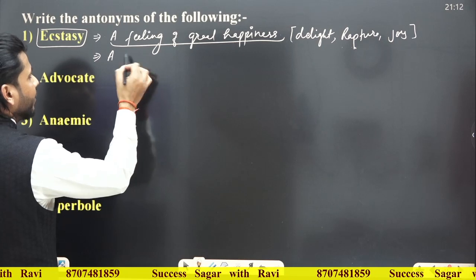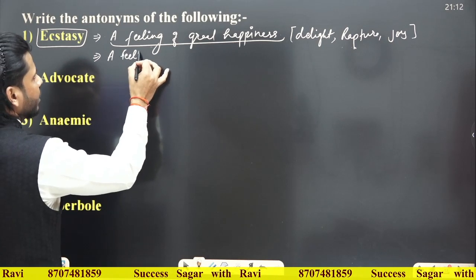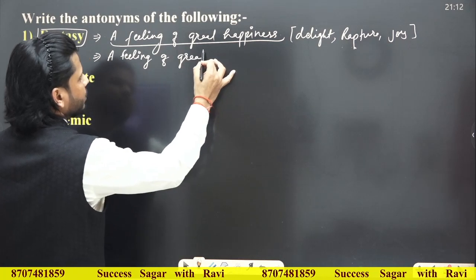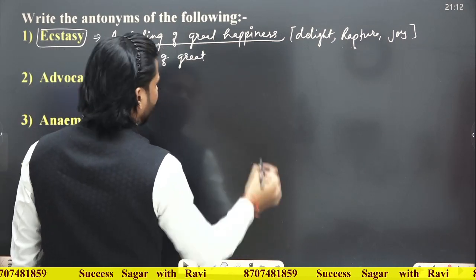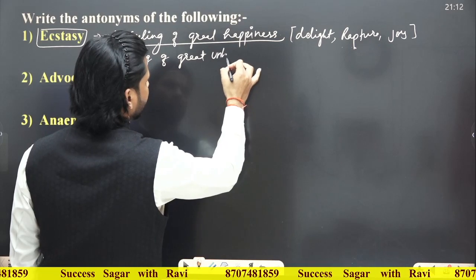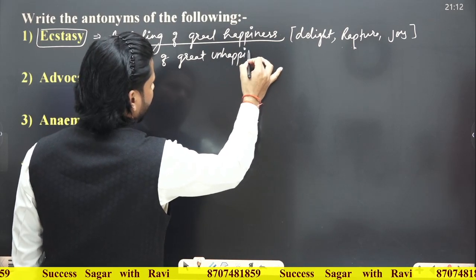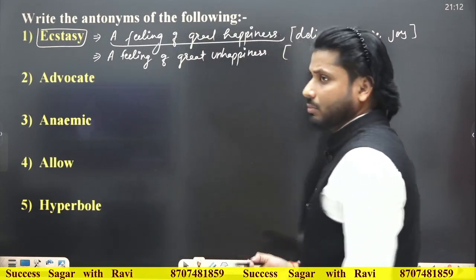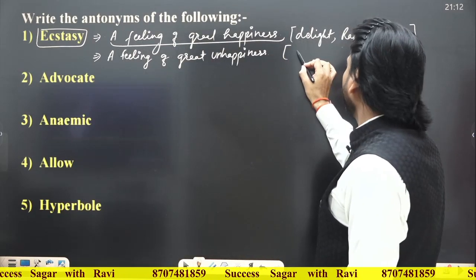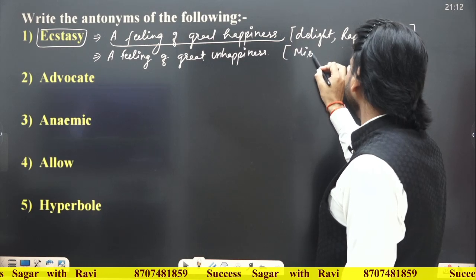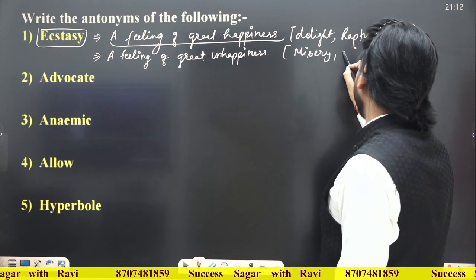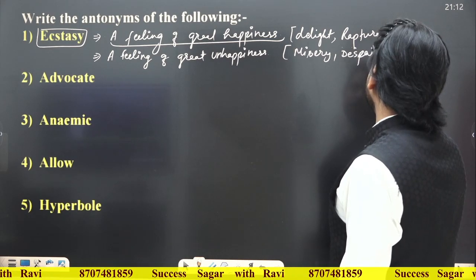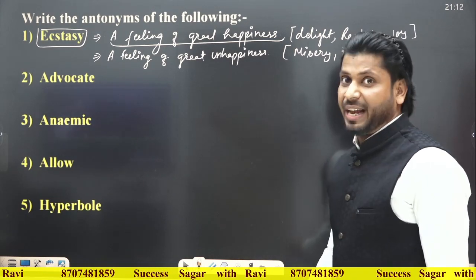A feeling of great unhappiness, right? It means the possible words, nearest meaning, misery, despair. So this is the answer to this question, despair. It means great unhappiness, very sad.